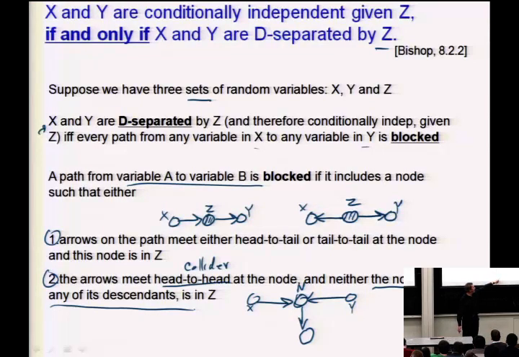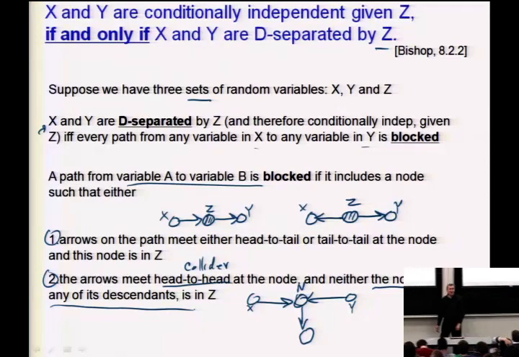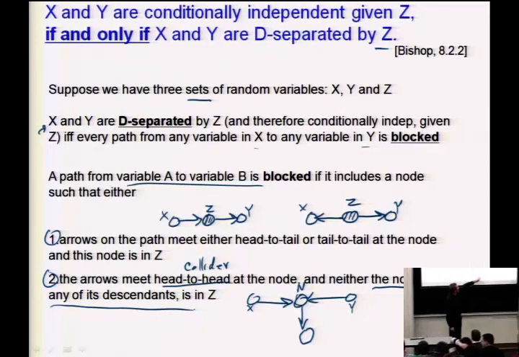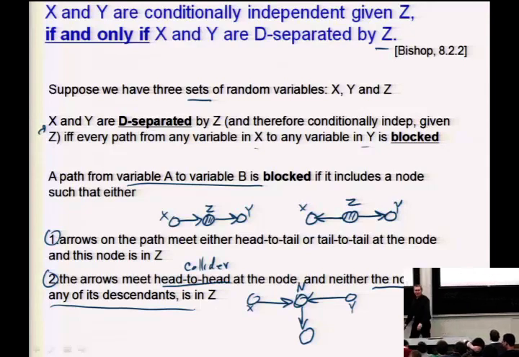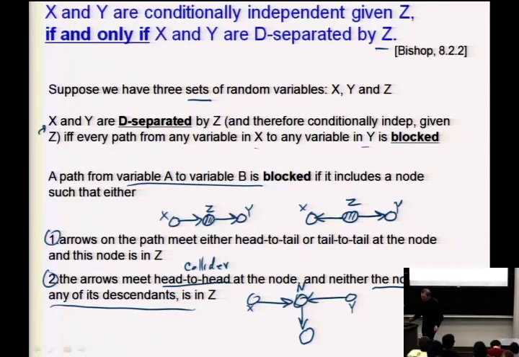If we know this value, that tells us something about this value, and now we've broken the, this is the alarm variable. Now we've broken the earthquake break-in mystery because our neighbor phoned us, which means probably the alarm is going off, which means now you've got a little bit of information.